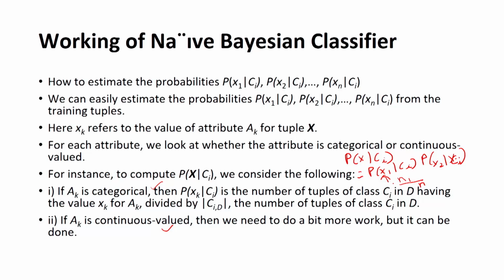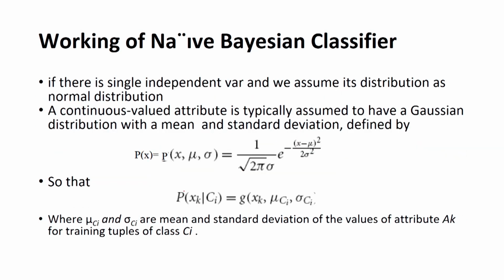In this way we can calculate it, but suppose age is not a categorical variable, it is a continuous variable with numerical values. In that case, how will we calculate? We need to find the distribution of that variable x. Suppose we assume it is a normal distribution.